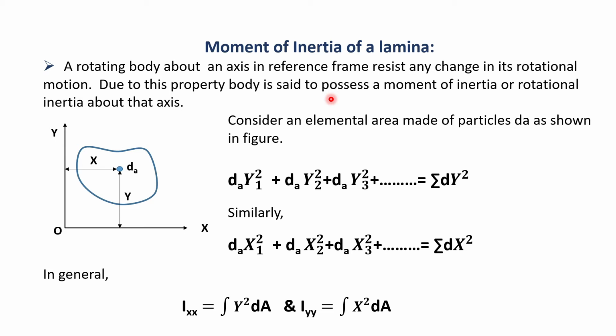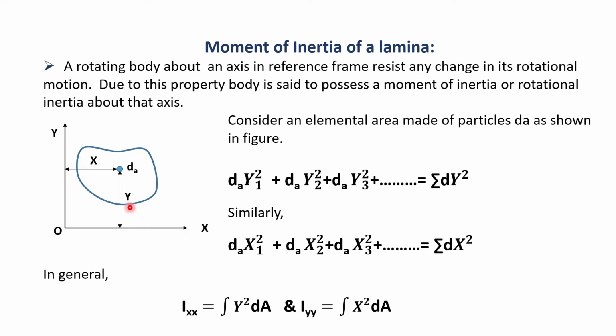Even after stopping the rotation, it used to rotate for some time. Similarly, the yo-yo is another example you often play with. It tries to resist that motion which is in rotation.